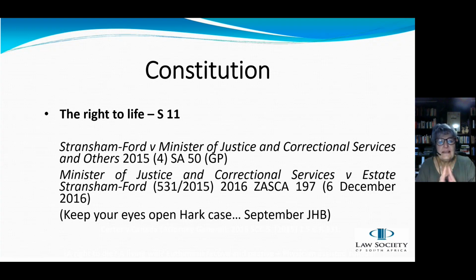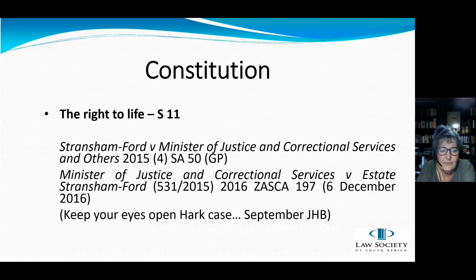Unfortunately, the court case happened, and on the day that the judge was going to give judgment, that morning, Mr. Stransham-Ford died. So he never heard the outcome of the judgment. And the judgment was in his favor.